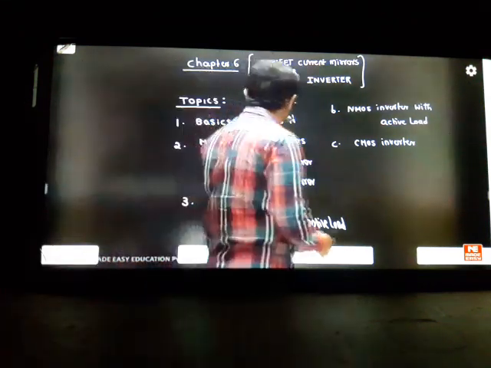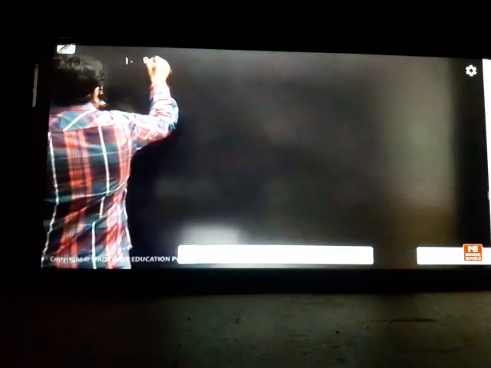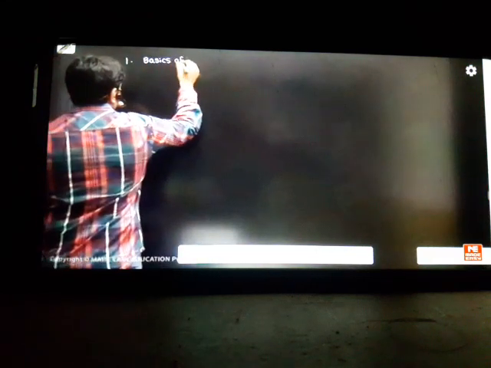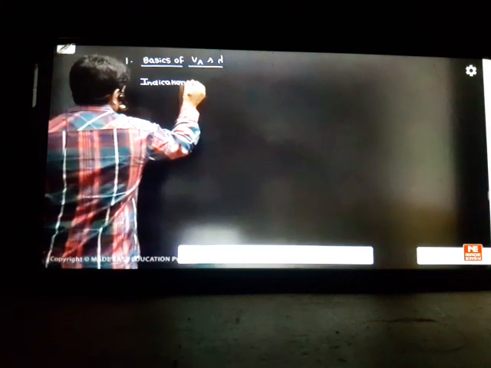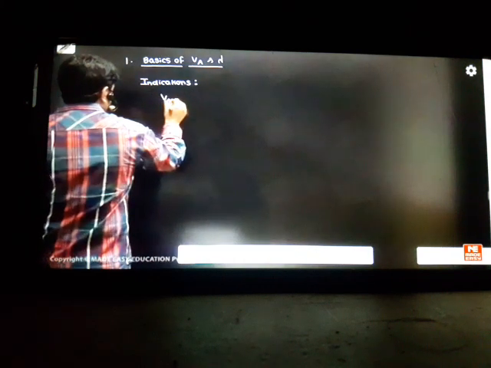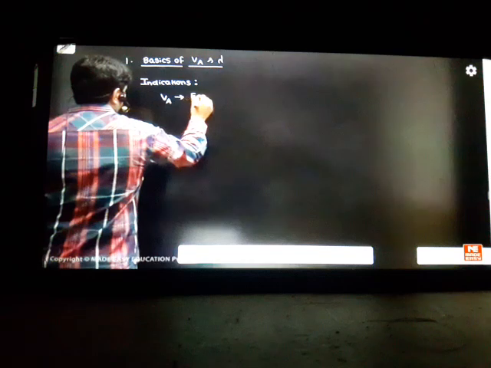So let us start our journey on the first topic. Keep the heading, topic number 1: Basics of VA and lambda. First I'll write the indications, the names, what we mean by that. To start the class, first of all, you have to know the name of this VA. In the BJT class we call VA the early voltage.